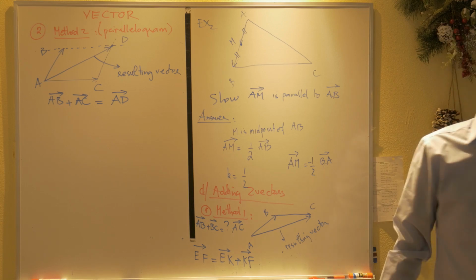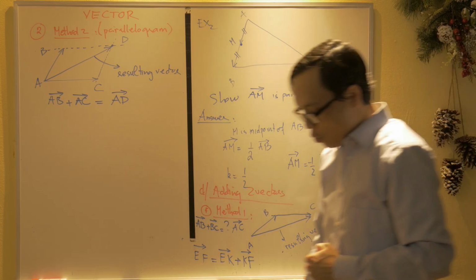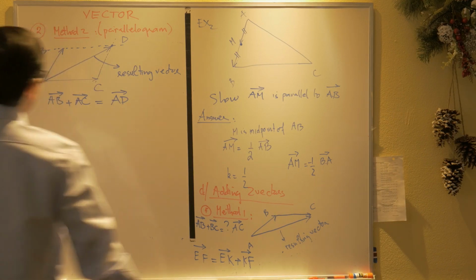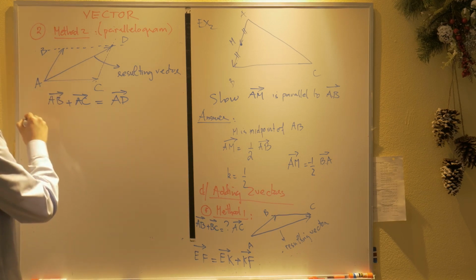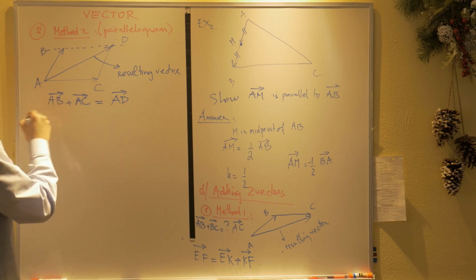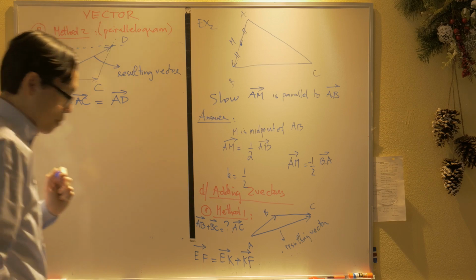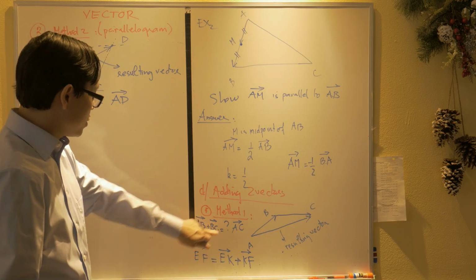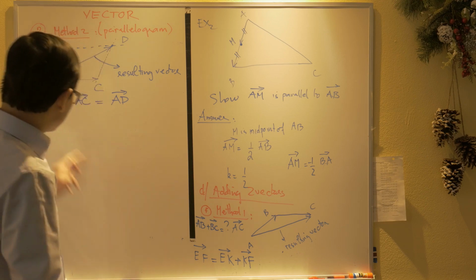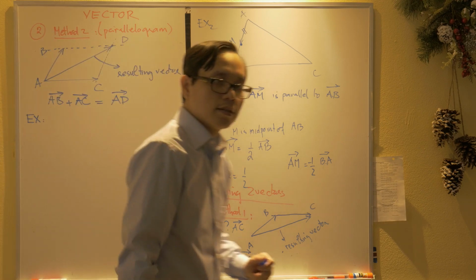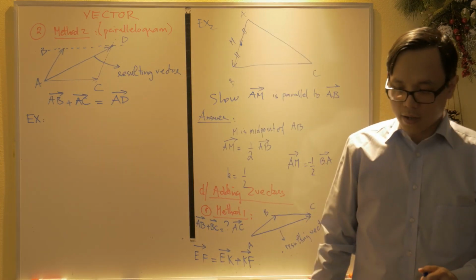So why do we need to learn these two methods of adding vectors? Because it helps you to prove math. I can give you an example here of using these two methods. Most of the time it's method 1, to prove a vector expression.